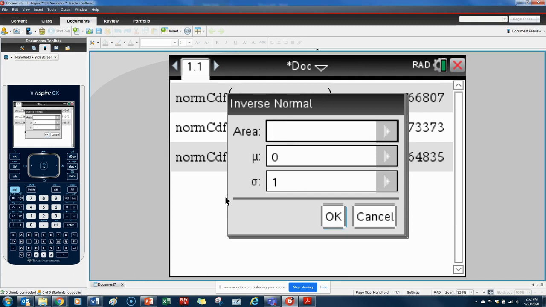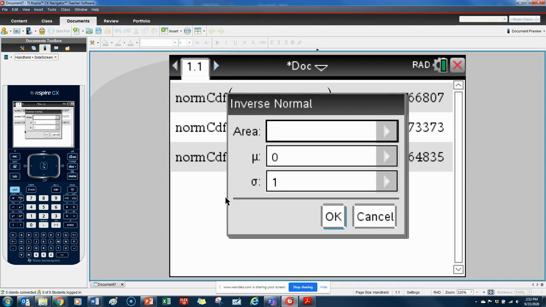Take note, the function inverse normal in the calculator computes the area from left to right, okay? So sometimes some problems are going to give us the area to the right, and so we just have to subtract that from 1 to get the area from left to right, or the percentile.